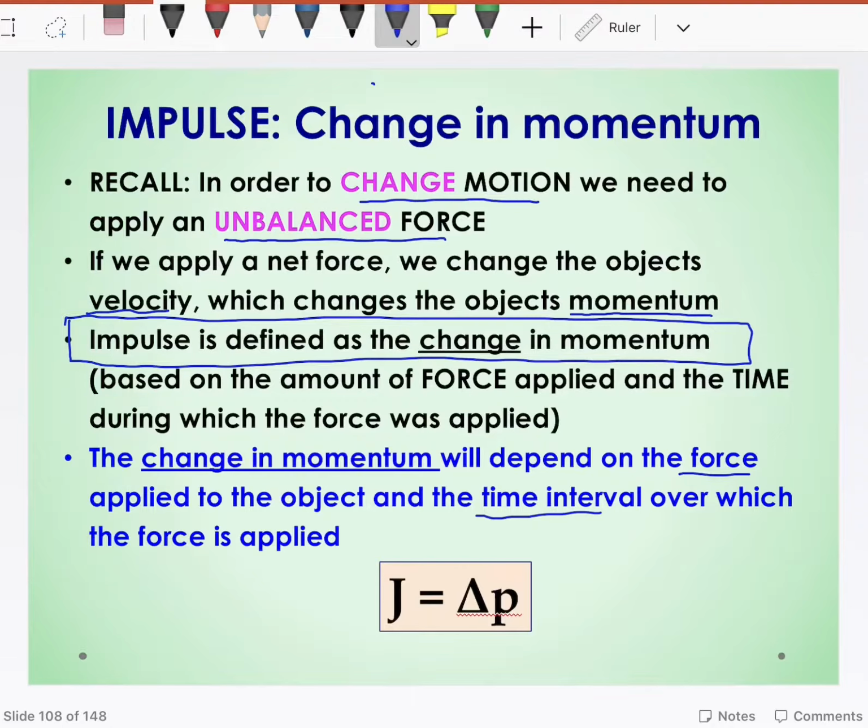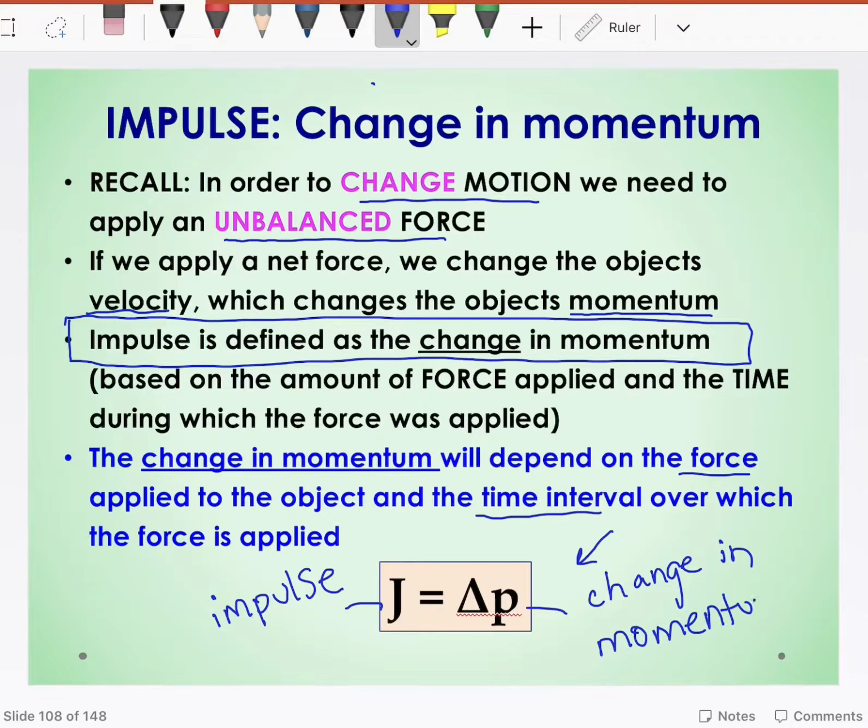One formula derives itself from the definition. J is the symbol for impulse, and impulse is equal to the change in momentum of an object, ΔP. That delta symbol stands for change in, and P is momentum.